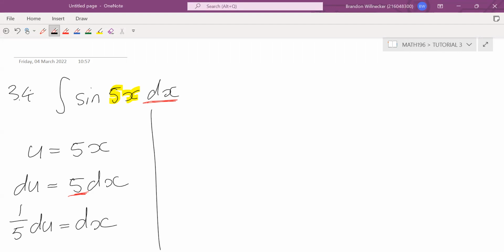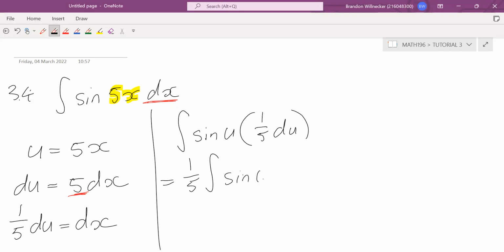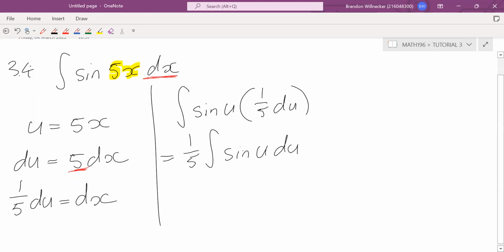So this now becomes the integral. Sine of 5x now becomes sine of u. dx now becomes 1/5 du. Okay, we can take the 1/5 out. And then we're just left with the integral sine of u du. Okay, that's straightforward to do. The integral of sine is minus cos.